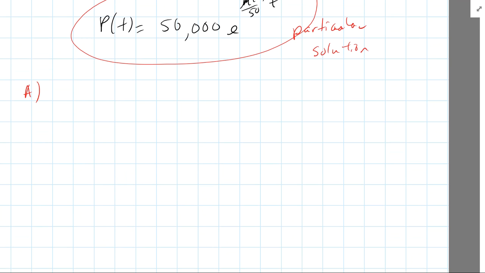Their part A says, I want 2003. How many years after 1900 is that? 103, yes? This is the easy version. Sorry, I don't know why I wrote 8. 3.